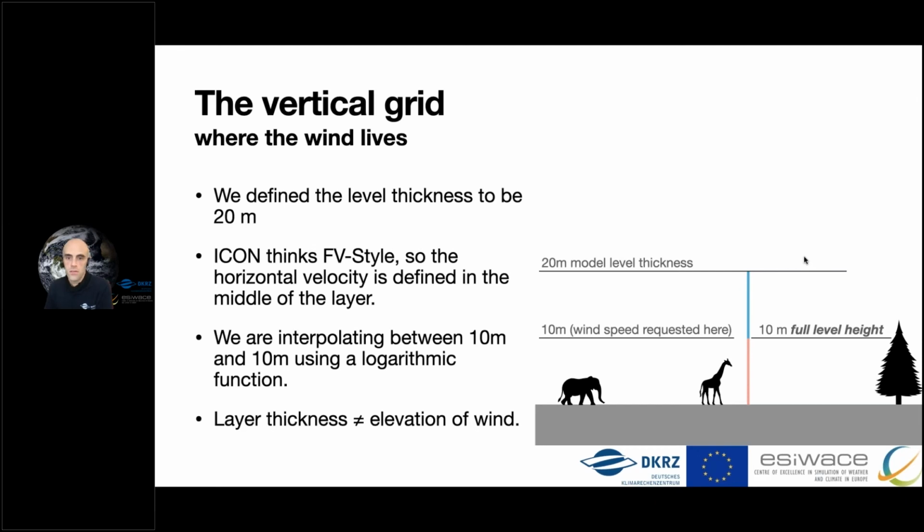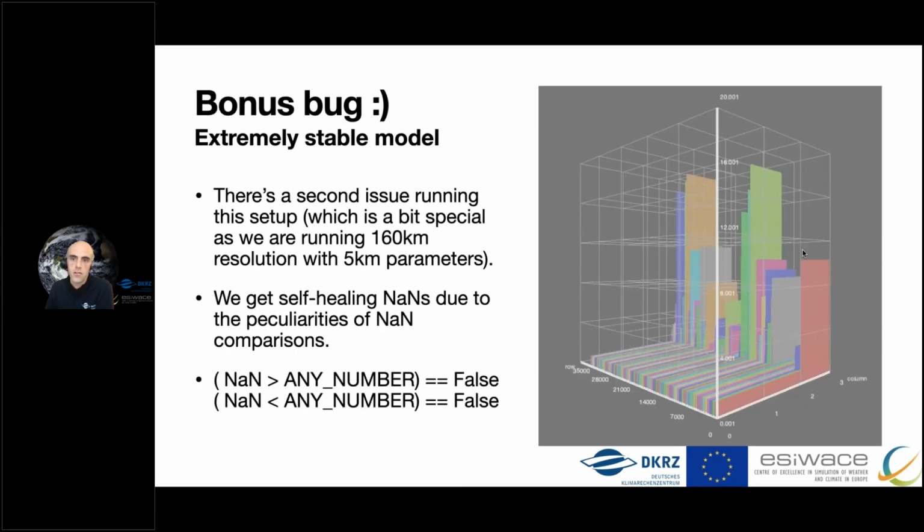But I was cheating a little bit when I showed this to you, because if you actually run the model with the floating point exceptions, you get caught in a different error. There is a special second issue, which might be just related to this setup where we're running a 160 kilometer grid with 5 kilometer parameters. And I ran into some self-healing not-a-numbers, which I just found fun to watch.